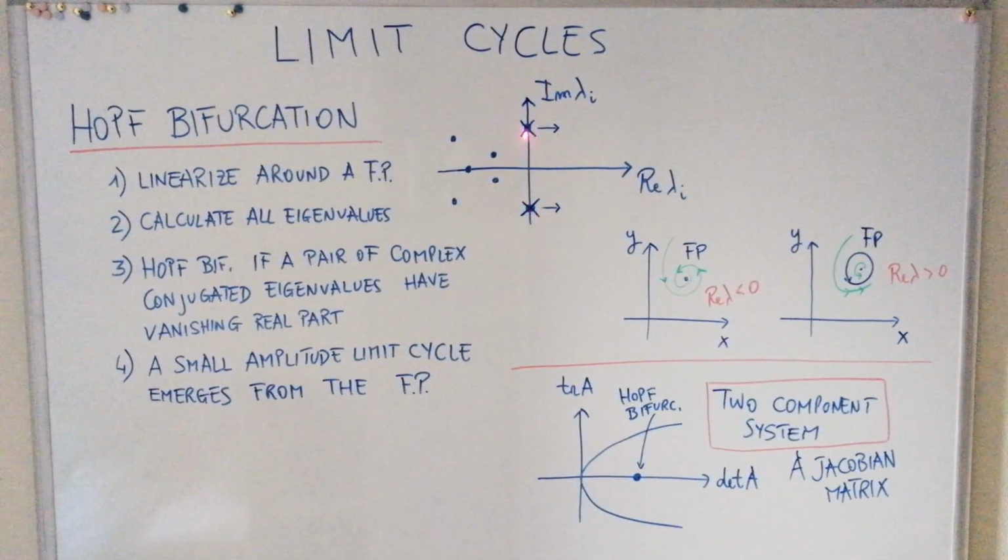The trace is the sum of eigenvalues, which are purely imaginary and complex conjugated, so the sum is 0. So in a 2-component system, and only in 2-component, where we know the structure of our fixed point by plotting determinant of the Jacobian and trace of the Jacobian, the Hopf bifurcation point is precisely here on the positive vertical axis.